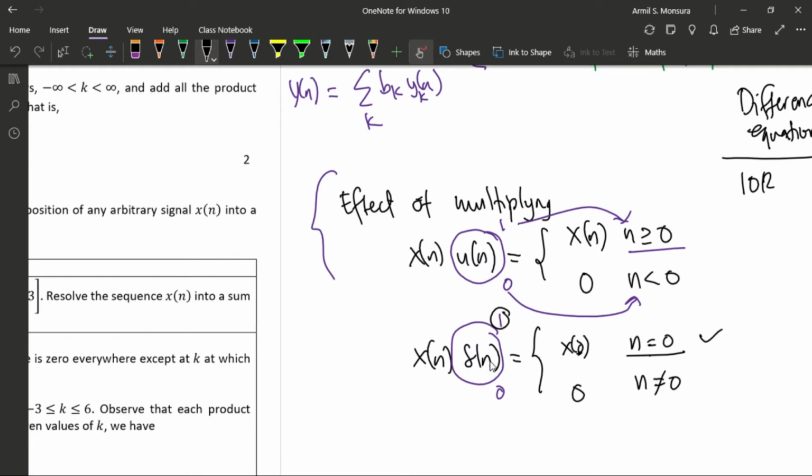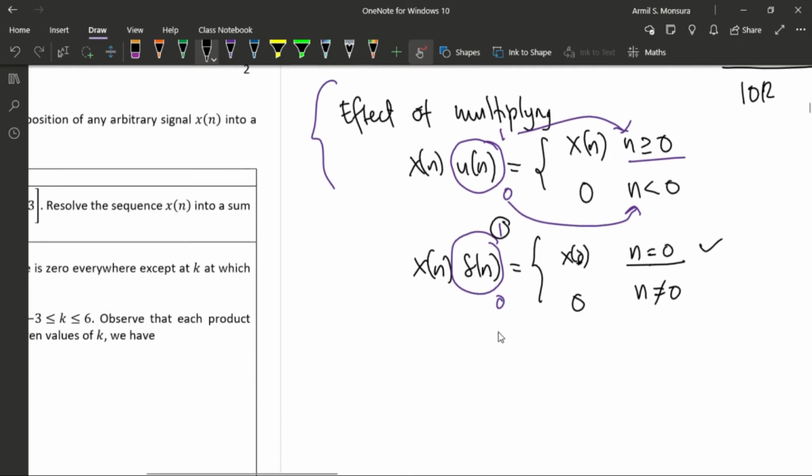So what if i-delay natin ito, si delta n? Delay natin ng say for example, tingnan natin yung product na x of n times delta n plus 1. Okay?